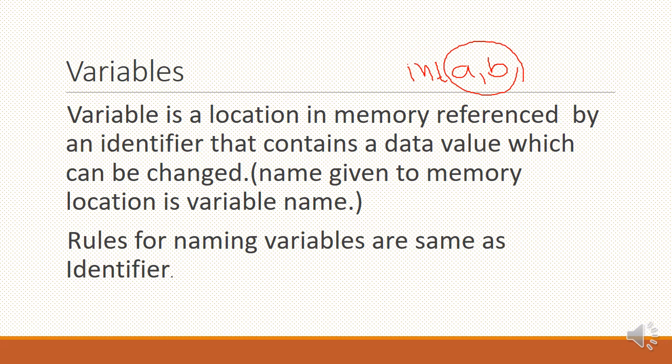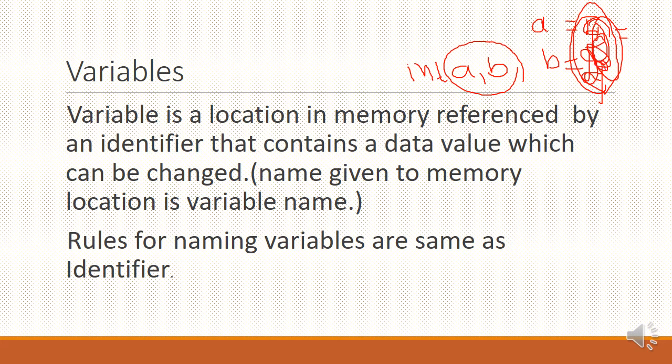Here I want to add these numbers, so I give a equal to 4 and b equal to 2. These 4 and 2 can be changed. First you find the value of the addition of 4 and 2. Afterwards I change the values to 5 and 4. That means you can change this. This is called the variable.